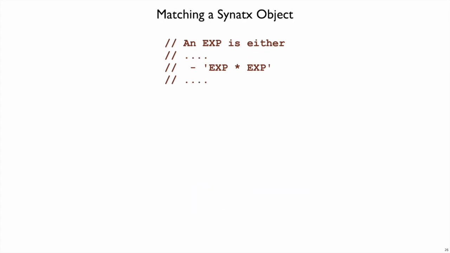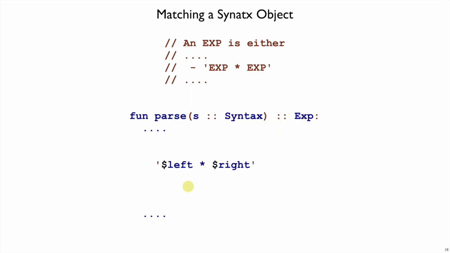We need to use some Shplait facility that lets us look inside of syntax objects, so that when our parse function gets a syntax object, it can look inside to produce a suitable exp. Okay. The way that we look inside in Shplait is using a pattern. This looks just like a syntax object construction, but when it appears inside of match, as one of the cases of a match, it means match a syntax object that has this shape.